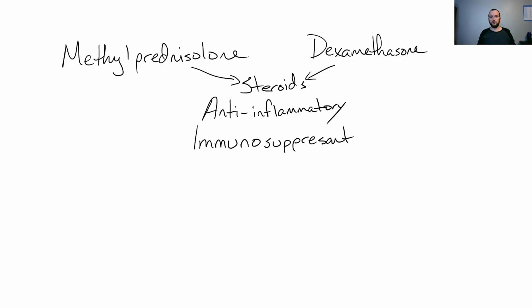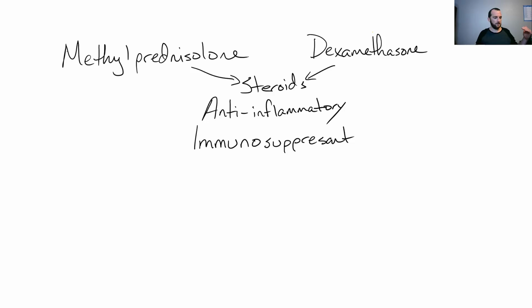Somebody that has a prescription for steroids for some sort of treatment, part of the factors of that is that it causes some immunosuppression, because it's stopping one of the first phases of that immune system response, which is that inflammatory response.